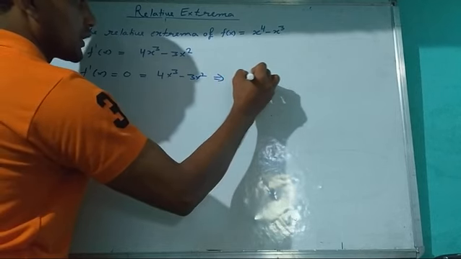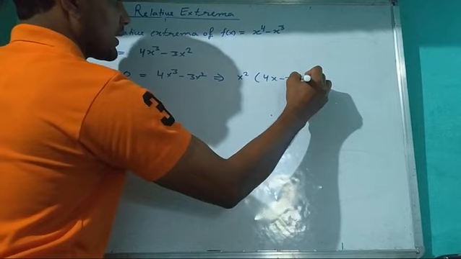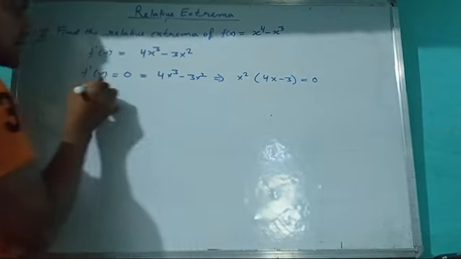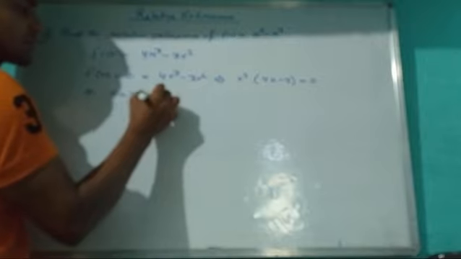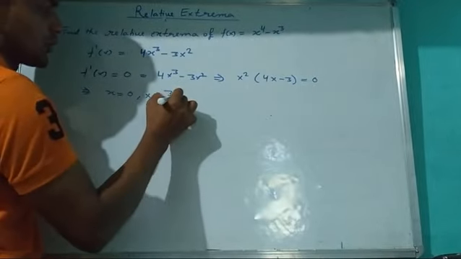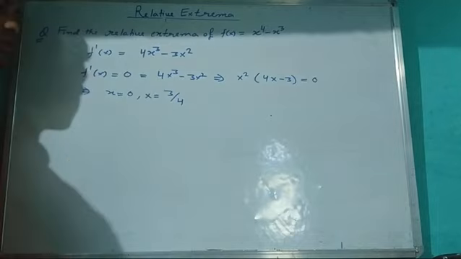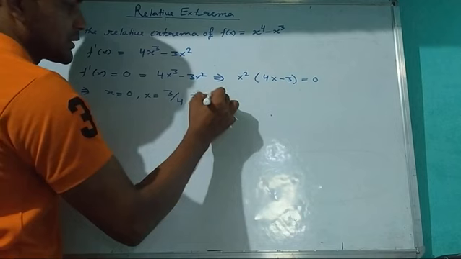We can take x^2 common, then we have x^2(4x minus 3) equal to 0, and this implies x equal to 0 and x equal to 3 upon 4.